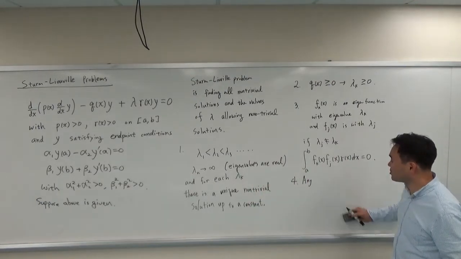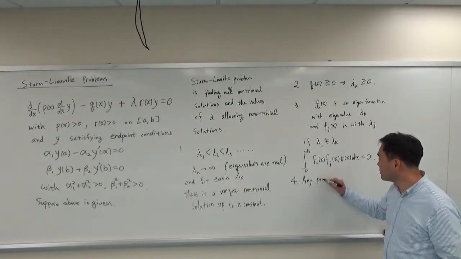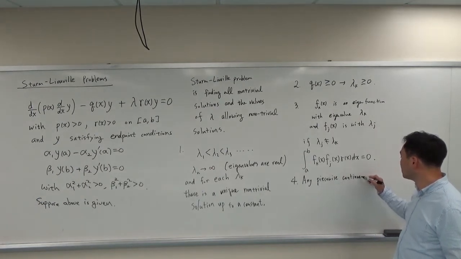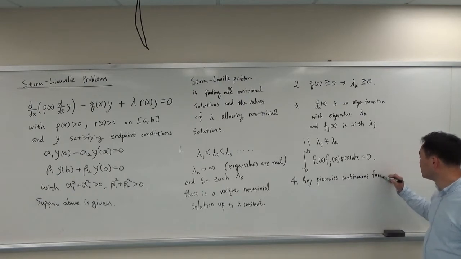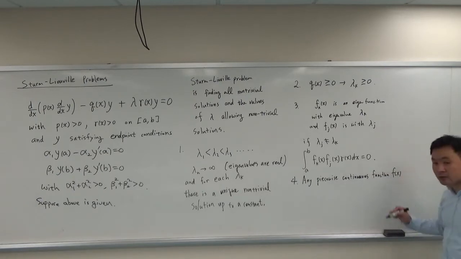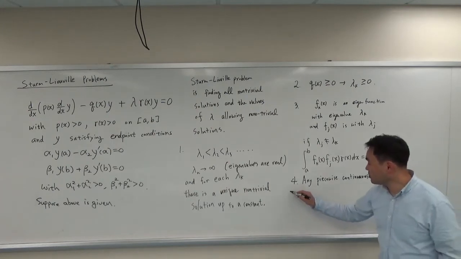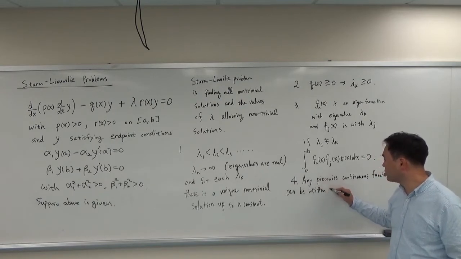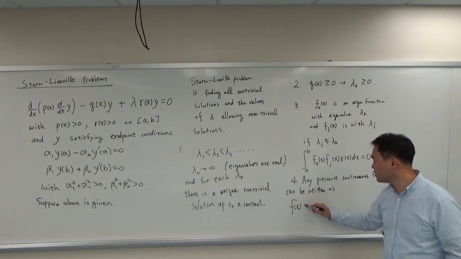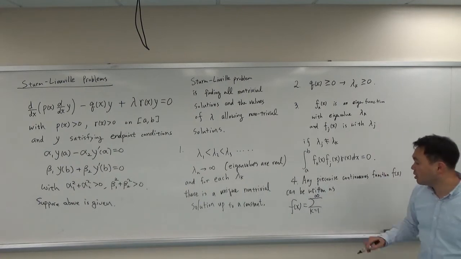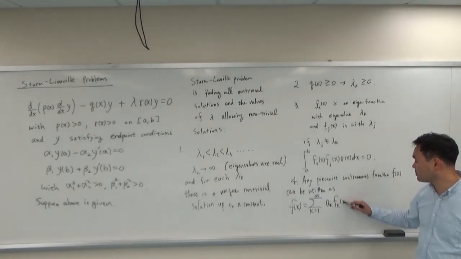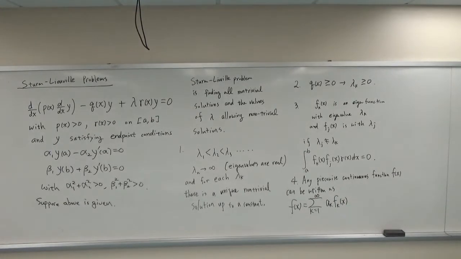I'll just say any piecewise continuous function f of x can be written as f of x equals the sum of k equals 1 through infinity of a_k f_k(x).